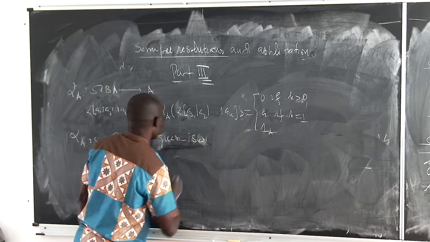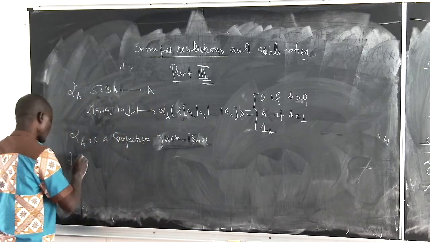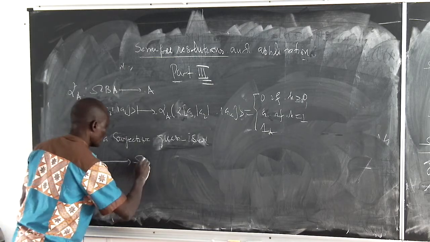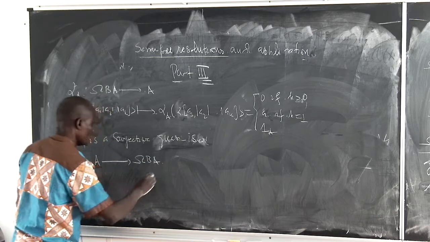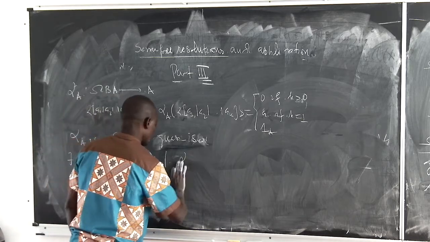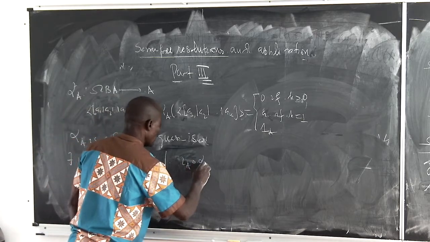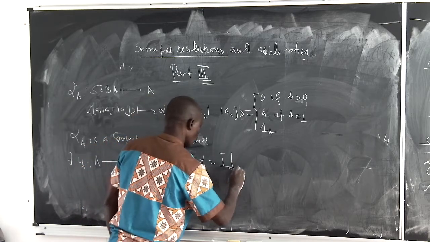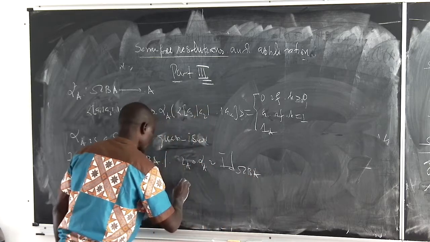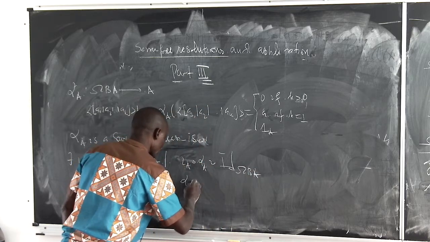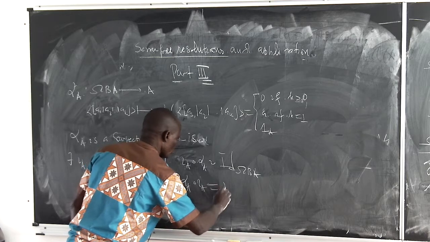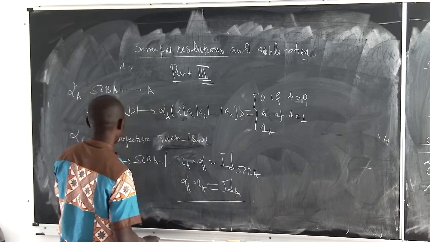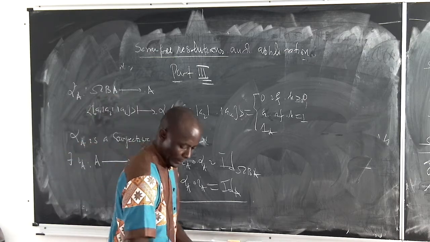Quasi-isomorphism means that there exists i_A from A to Omega BA such that i_A composed with alpha_A is homotopic to the identity of Omega BA, and alpha_A composed with i_A is equal to the identity of A. Okay.